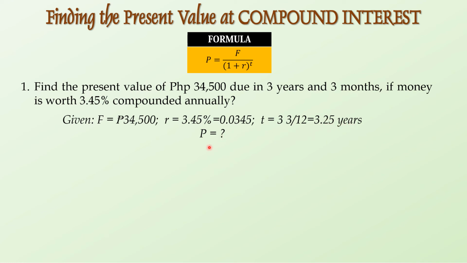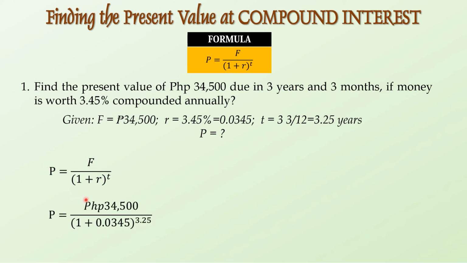And the unknown is the principal amount or the present value. Okay. This is the formula. And plug in the values on each variable. Okay. Ito na siya. And then, add natin itong nasa denominator, sa parenthesis. That is 1.035. Then, raise natin sa 3.25.